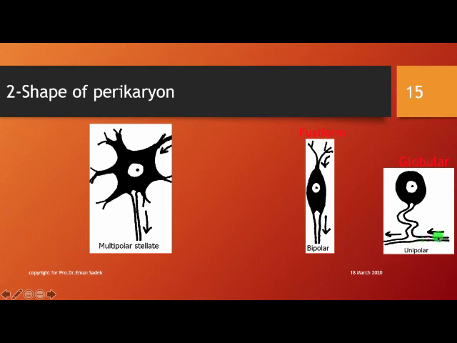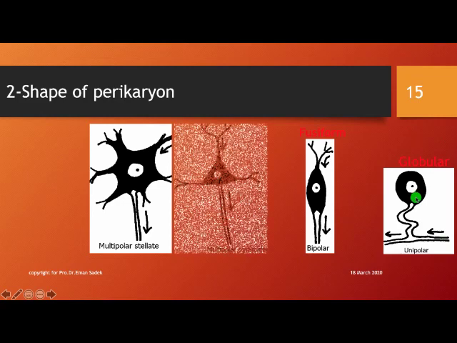This side of the T is responsible for receiving impulses, and then the efferent impulses will pass through the other side of the transverse process of the T. So it has one pole from which arises this T-shaped process. This one is very characteristic for the cells in the spinal ganglia.